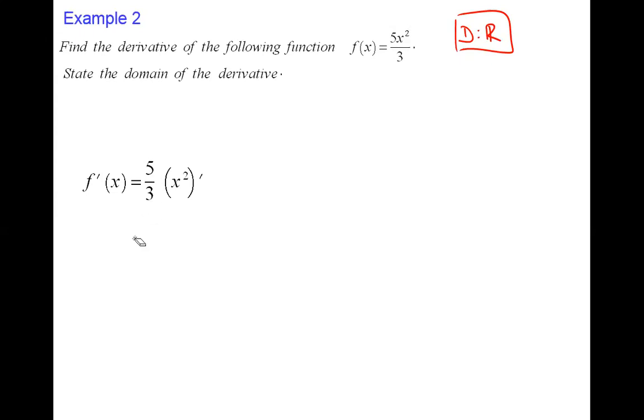Then the derivative of x squared is 2x, and now I can multiply back 10x over 3. My x didn't travel to the denominator, so I can accept all of the numbers. Function, derivative, domain is also all of the numbers. It's just a linear function.